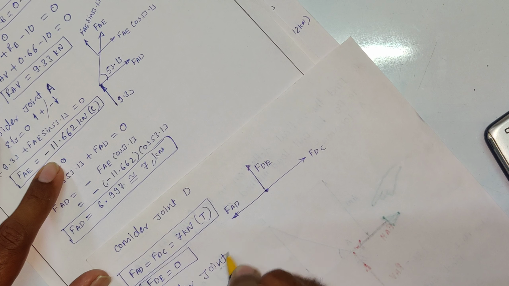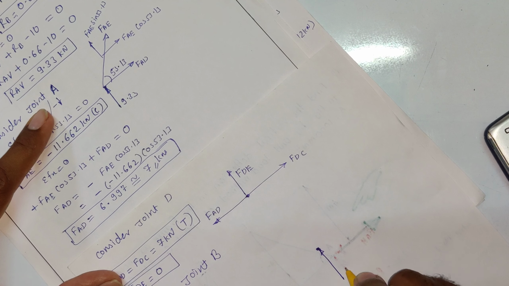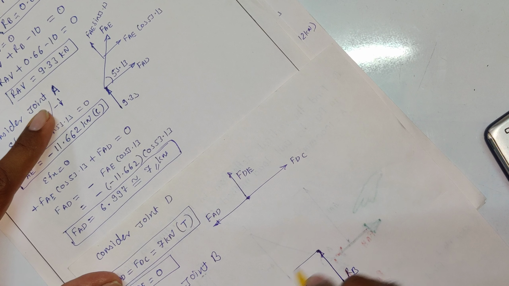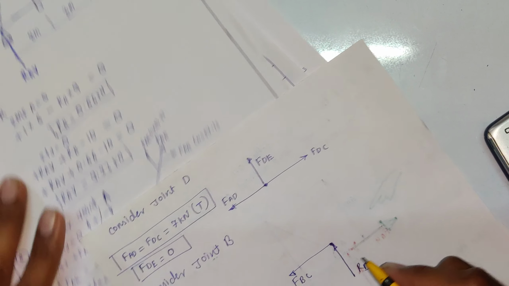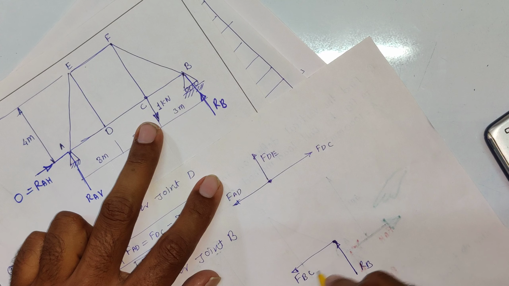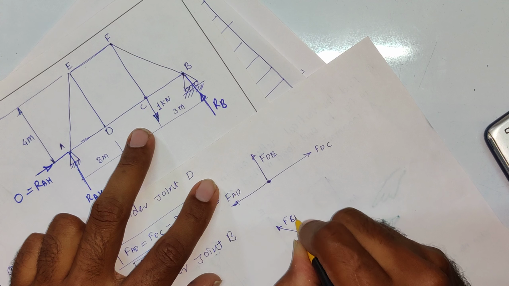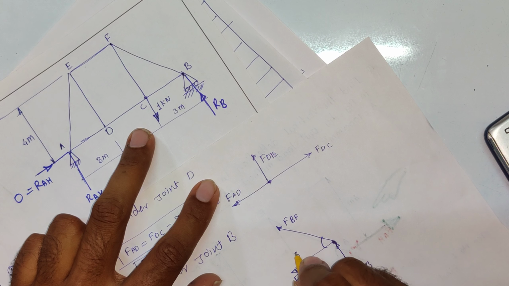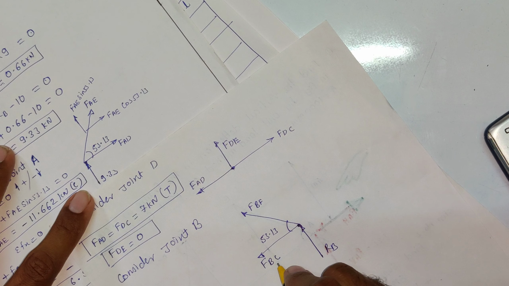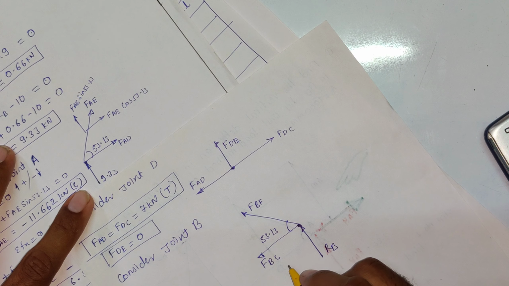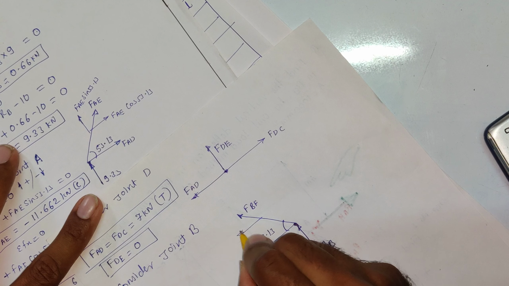Next we consider joint B. This is RB, this is BC, FBC, as you can see in this diagram, FBF, this angle is 53.13. So we'll resolve this.